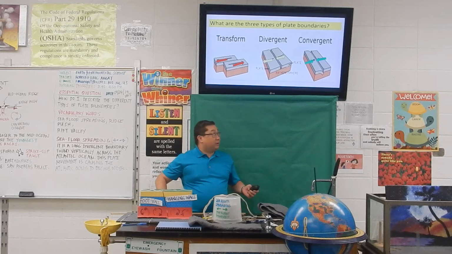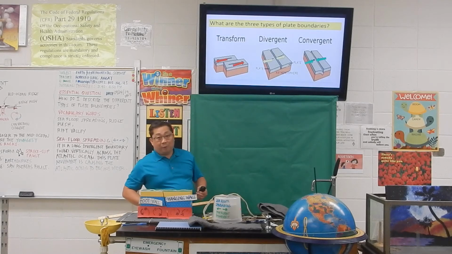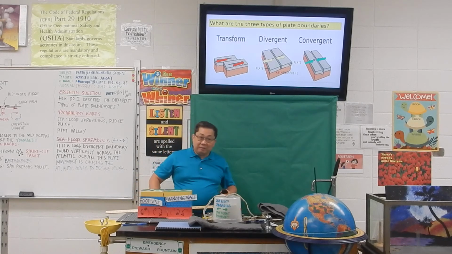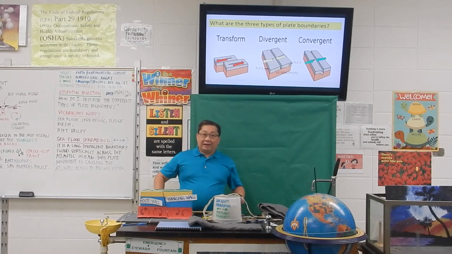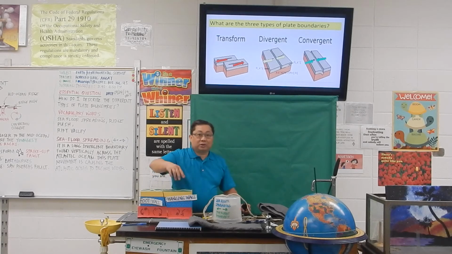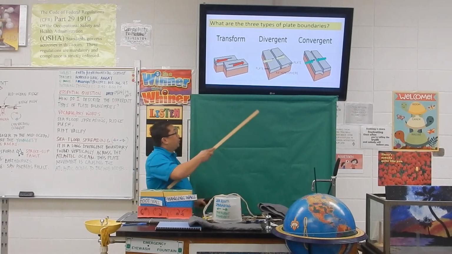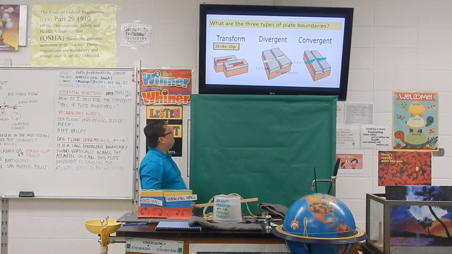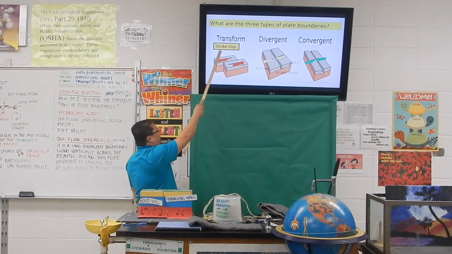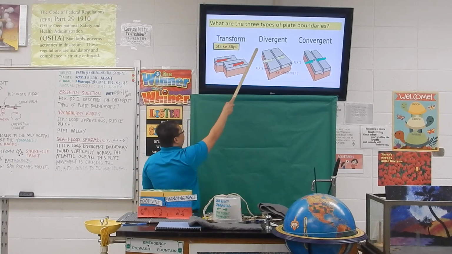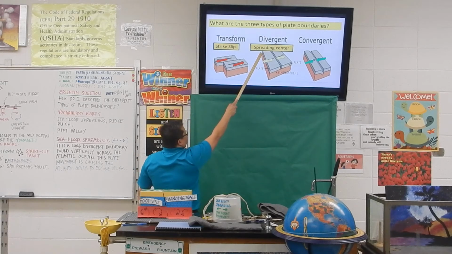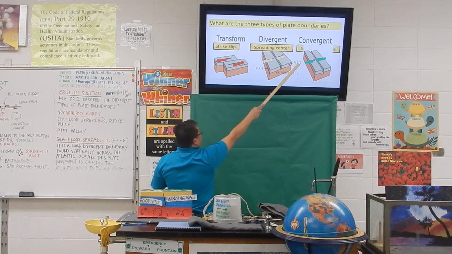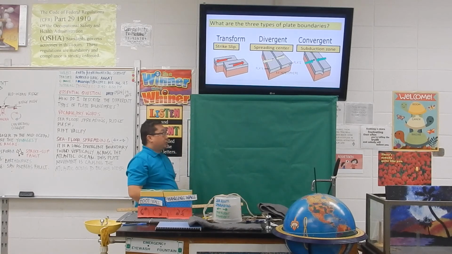In convergent boundaries, mountains can form, rocks can be melted and recycled, and volcanoes can also form. But of course, they can also form in the divergent boundary. So, things to remember: strike-slip or transform, spreading center divergent, and subduction zone convergent.